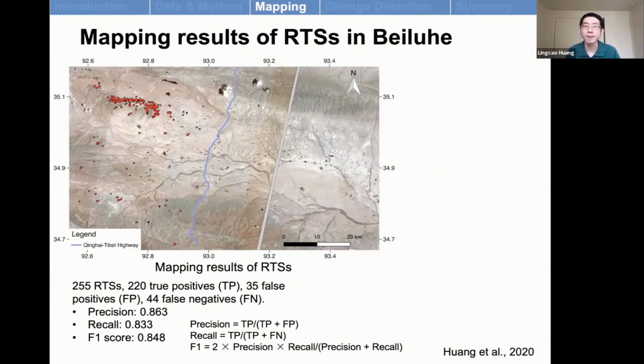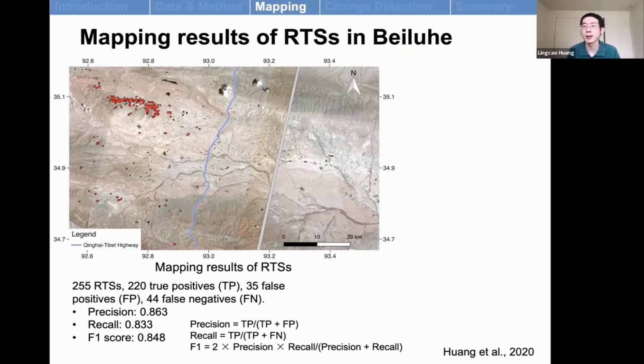Let me show some results from my previous study. This is the mapping result of RTS, a short name for retrogressive thaw slumps. This is the mapping result where I trained and then predicted the slumps in this region. Here is some numbers related to the accuracy. In this region there are more than 255 slumps, and the algorithm correctly identified 220.